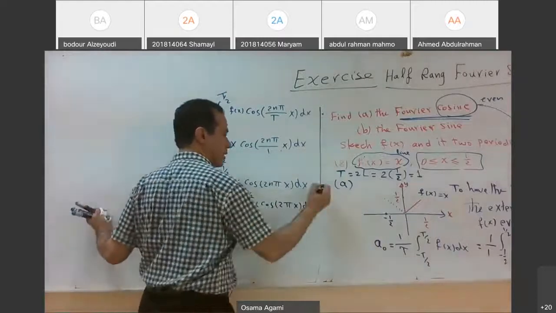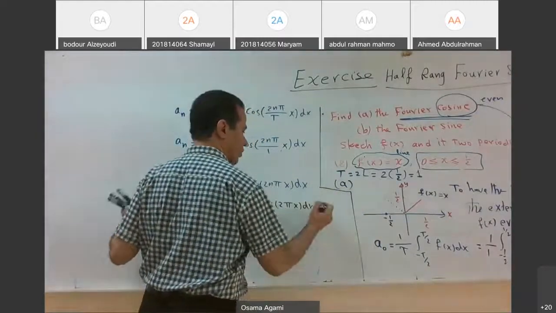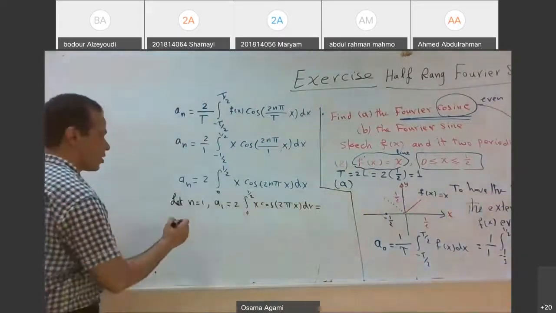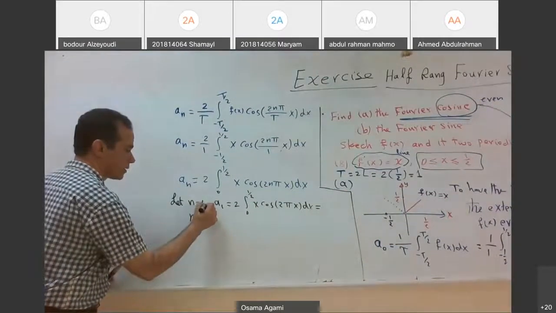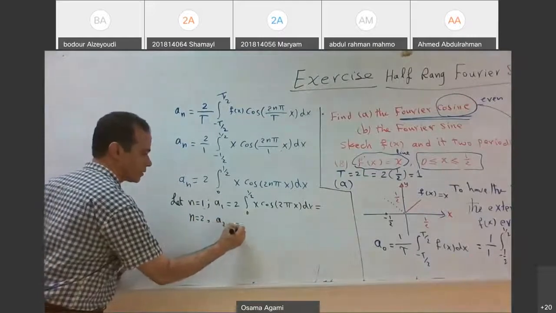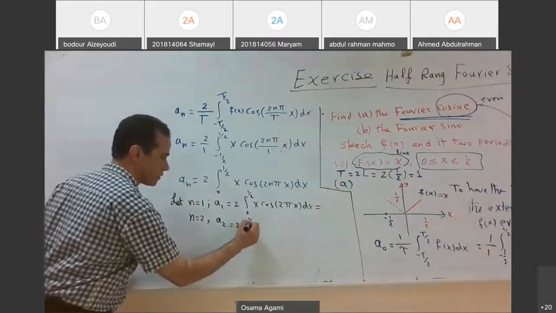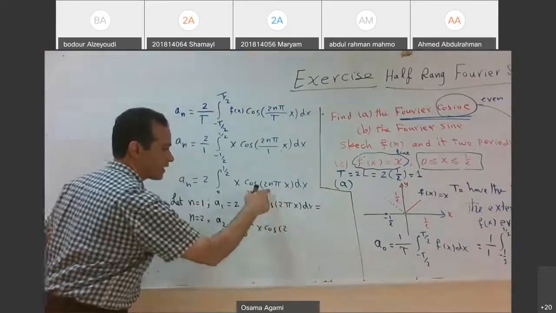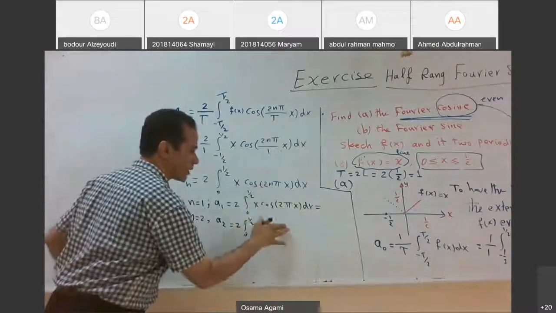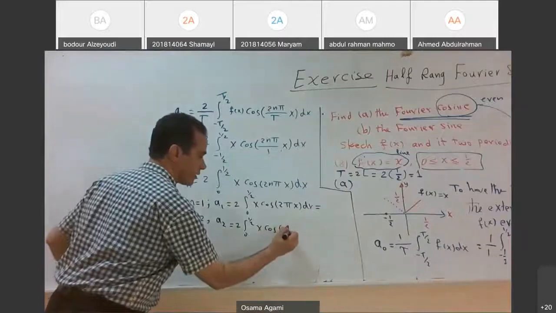So it will be equal to what? Also write n equal to 2, to get a2. I have n equal to 2, so 2 times 2 will be what? 4.